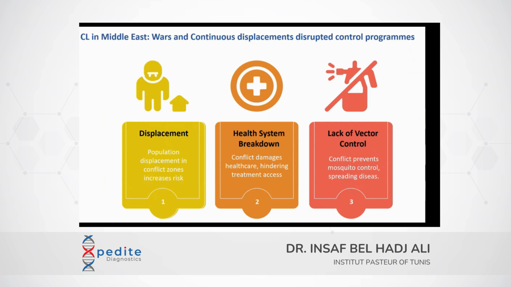On the other side, in the Middle East, wars and continuous displacement disrupted control programs. So in the countries affected by these conflicts, we see a sharp rise in CL cases. This is due to displacement, healthcare system breakdown, and lack of vector control.